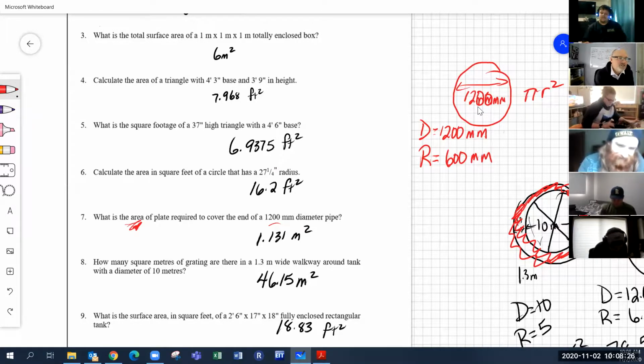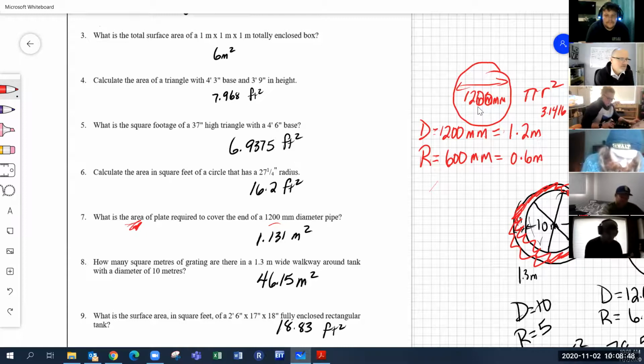Now, I asked you guys to convert everything into meters. And now I could solve the question by going 3.1416, multiplying it by 0.6 squared to get 1.131 meters squared.